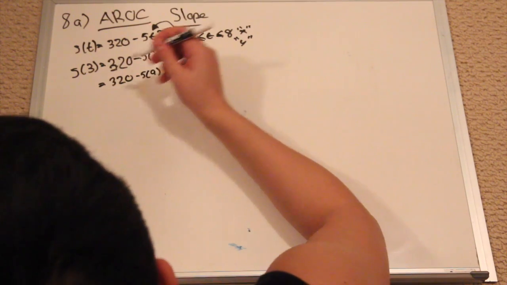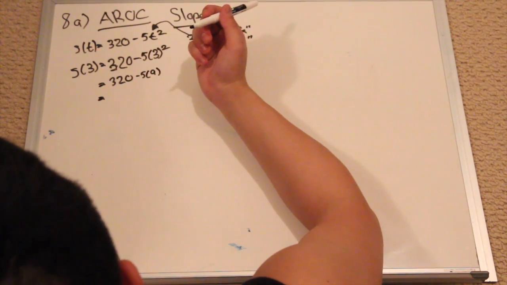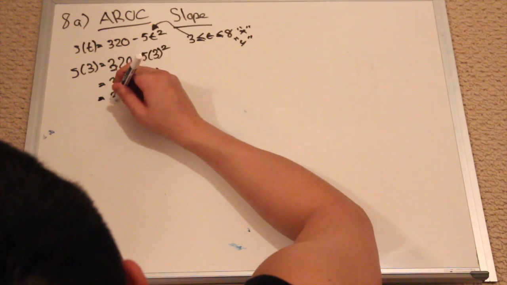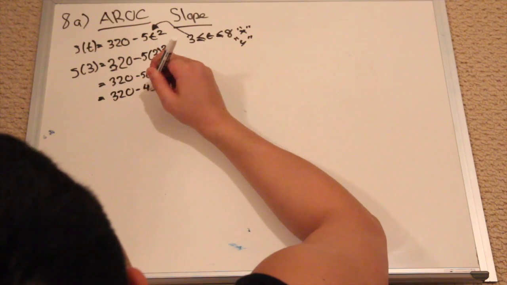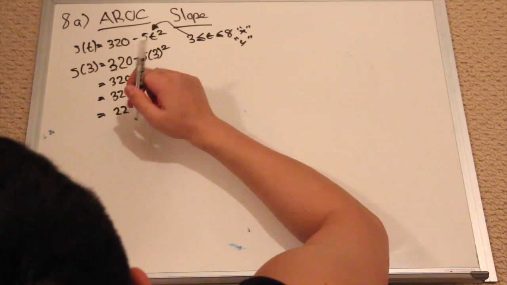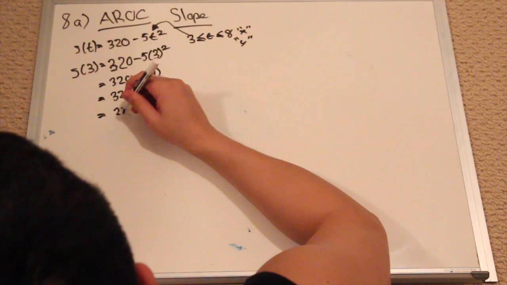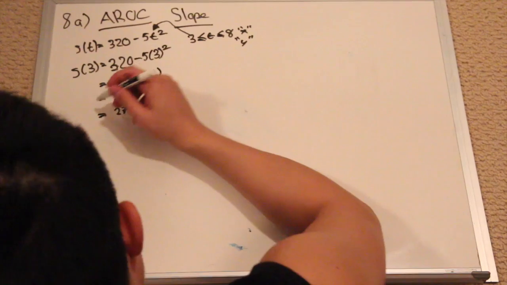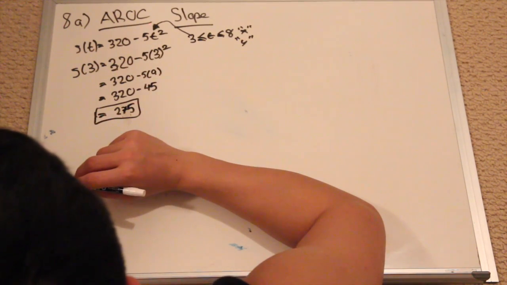Because of the 3 squared, there are no brackets, and then there are exponents, so we do exponents first, and then 320 minus 45 because of the multiplication, and now this gives us an answer of 275. Now this is one value, but in the slope formula we need 2 values.